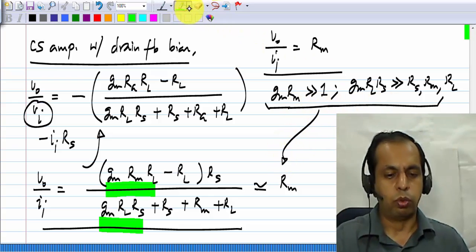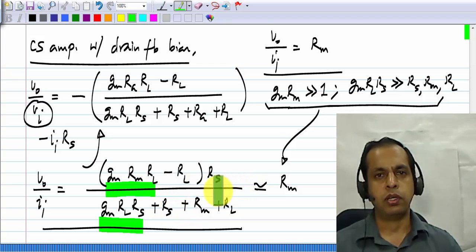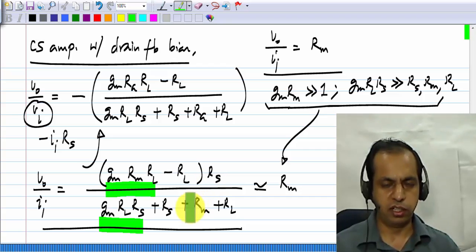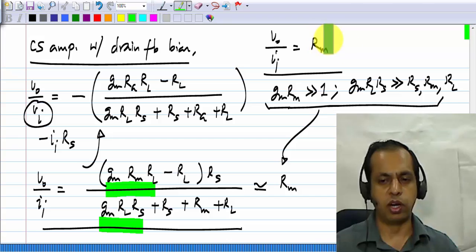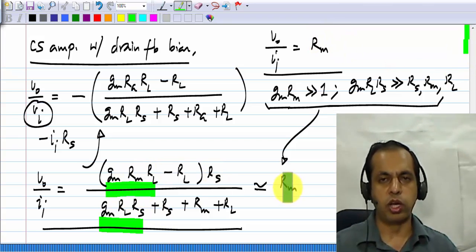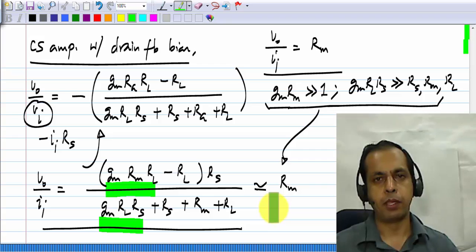So what we synthesized as a current controlled voltage source using our intuitive idea of negative feedback does behave like that. The exact ratio of output voltage to input current is not RM, but some value like this, but it will be very close to RM. In fact, if these conditions are satisfied, it will be close to RM. So when you choose the component values, you have to make sure that these conditions are satisfied.